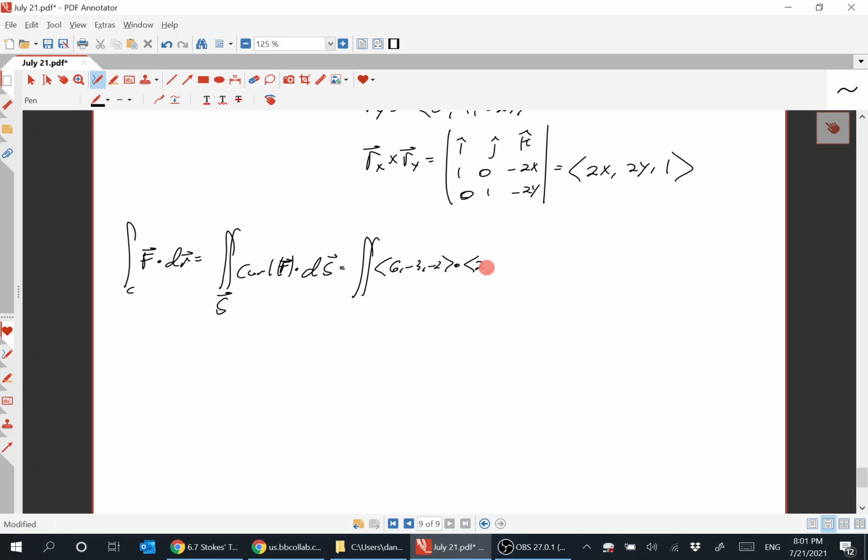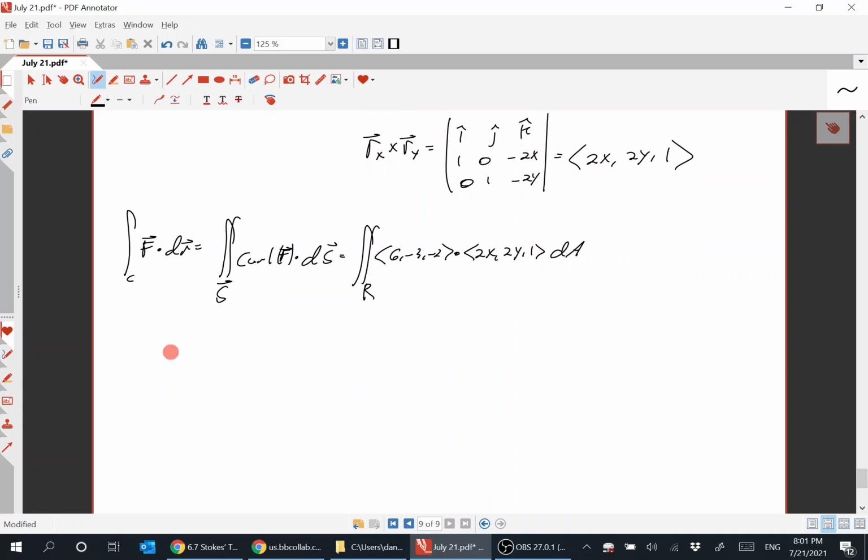Dot 2x, 2y, 1 dA over R, where R is still that disk. So I've got 12x minus 6y minus 2 dA. So I've actually got an integration problem here over the disk.